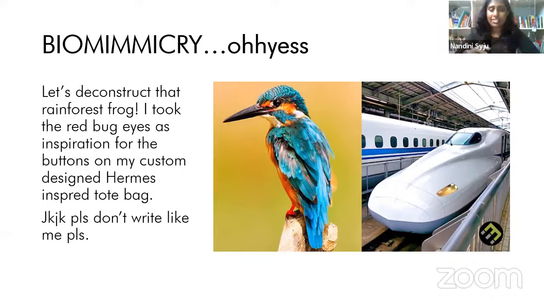Biomimicry is not like you take the entire species, or the entire form of the bird, and turn that into a product. Most of the time you take one element of it. In this case, it was the form of the beak, and you took inspiration from that form to create something. In this particular case, it's quite interesting, and I'll talk about it, so you get an insight of how you talk about these kinds of things.